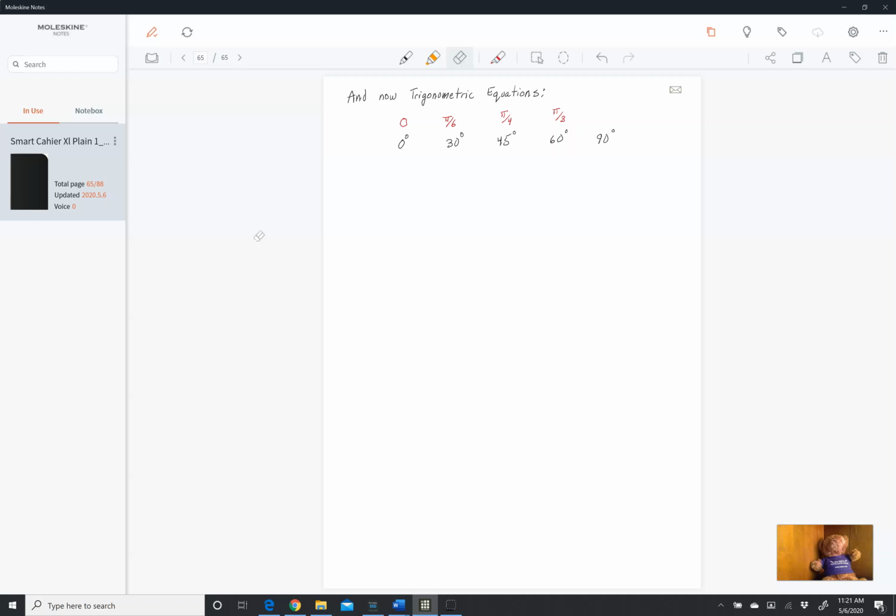And notice 180 divided by 60 is 3, right? 180 divided by 60 gives us our 3, so it gives us our denominator. And then 90 gives us pi over 2. 180 over 90 is 2, or 180 over 2 is 90.